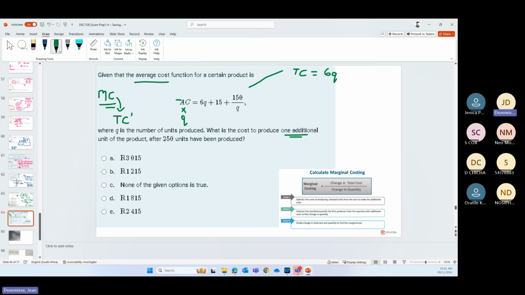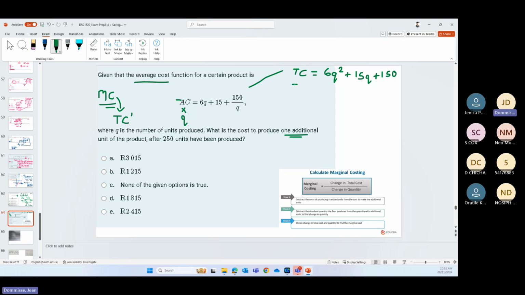So 6x times Q is 6x to the power of 2 plus 15Q. 150Q divided by Q is 150. Okay, so now we have our total cost function.